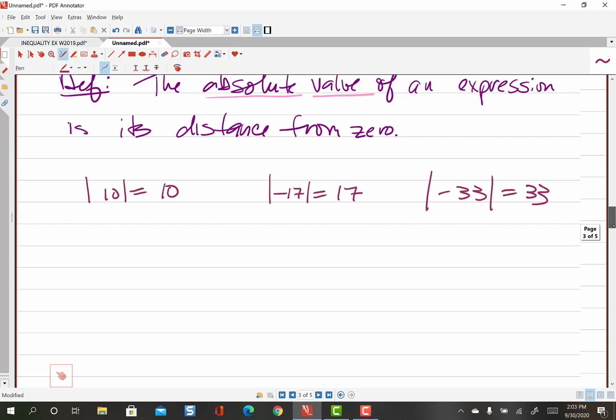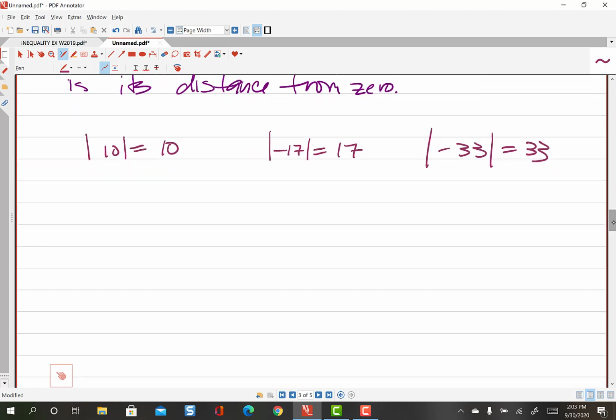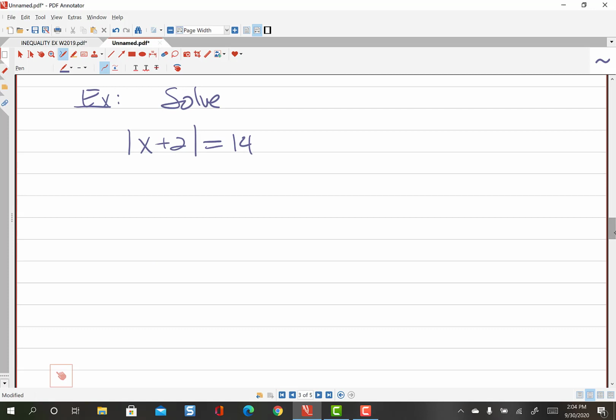So we want to use this idea to solve an absolute value equation. Let's say we wanted to solve x plus 2 in absolute value is equal to 14. What that means is this expression is 14 steps from 0.